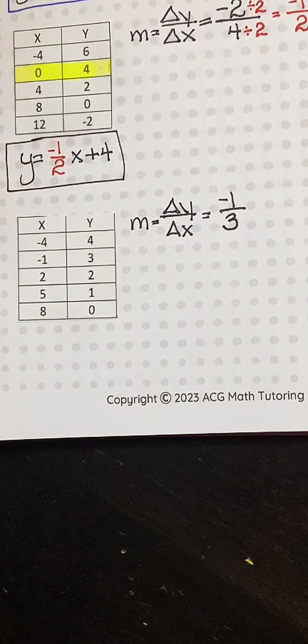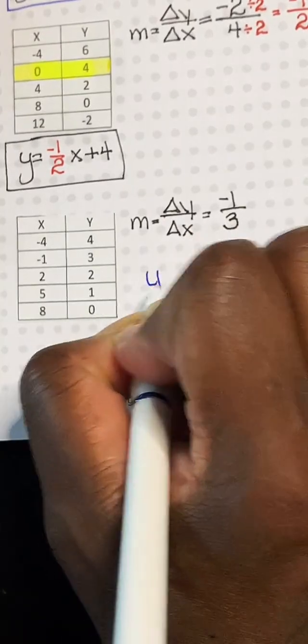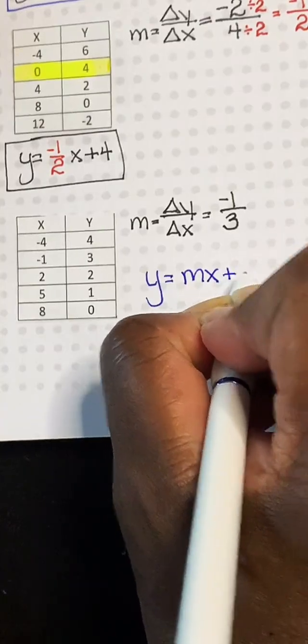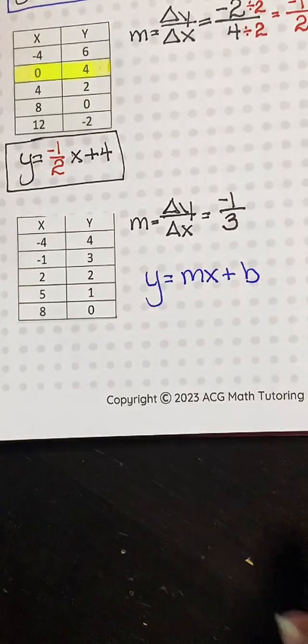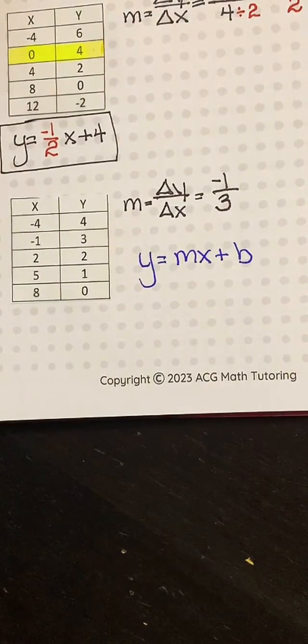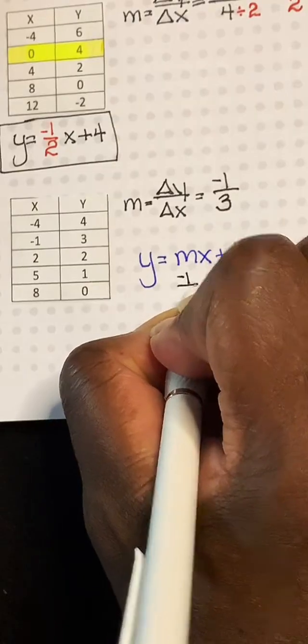Okay. Hello, everyone. Now, remember that equation, y equals mx plus b? Remember that lovely equation? We can substitute that -1/3 in for the m because that's your slope.